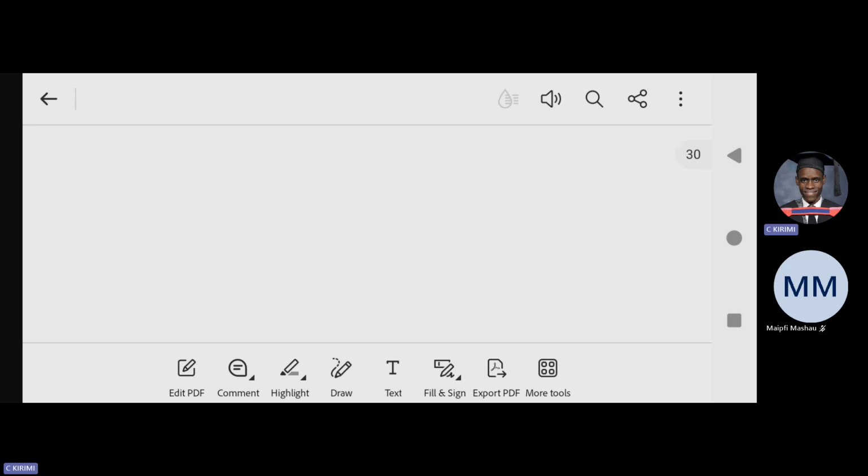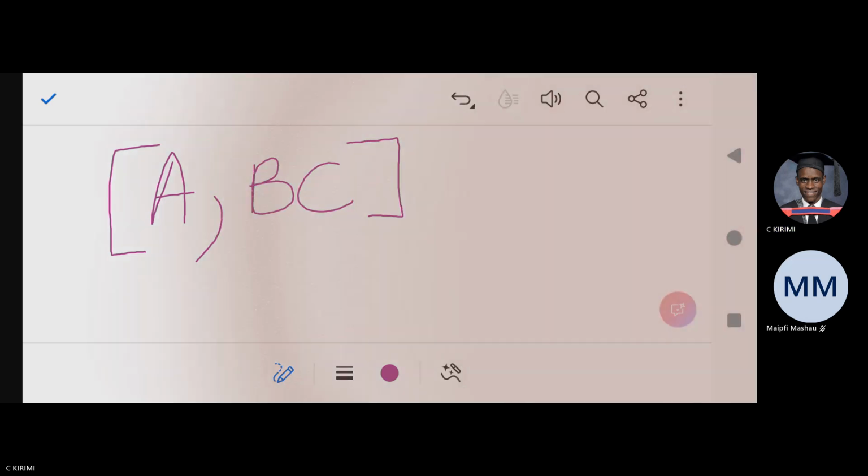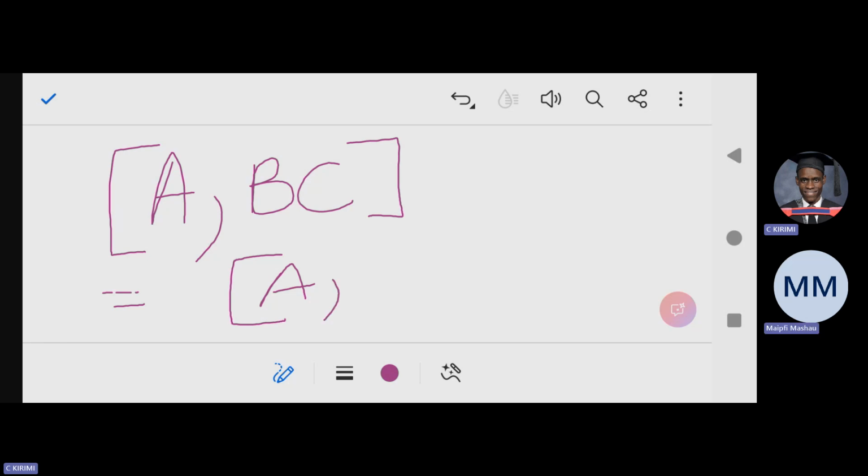You just need to recall your knowledge of vectors. Whenever you see the commutation relation of A, and remember it's a square bracket, A commuting with BC, A remains where it is, comma.